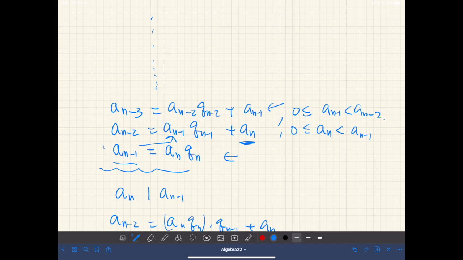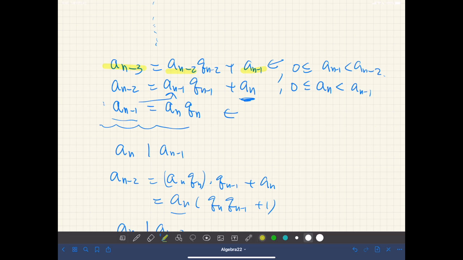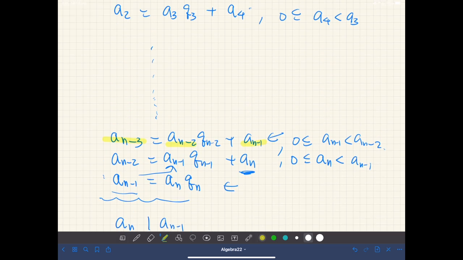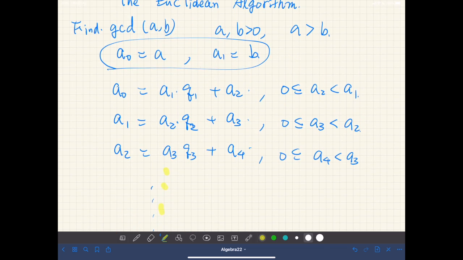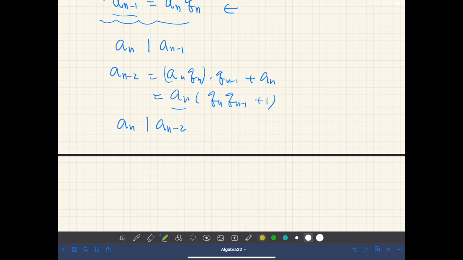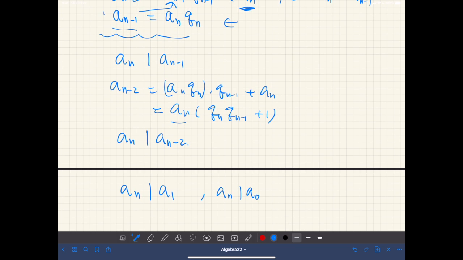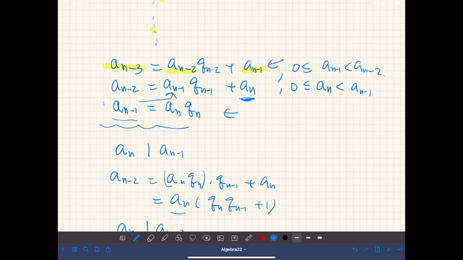Next, look at this equation. Since An divides both An-2 and An-1, that means An also divides An-3. We can continue this up to these equations, so after all, we can show that An divides A1 and An divides A0. This means the An found here is a common divisor of A and B.